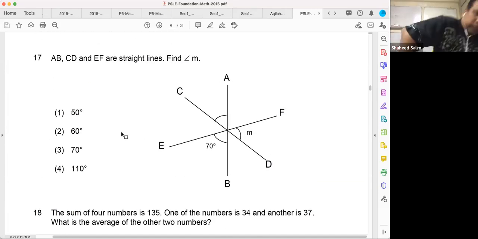Okay, you try. Find M. Okay, how do you get this?